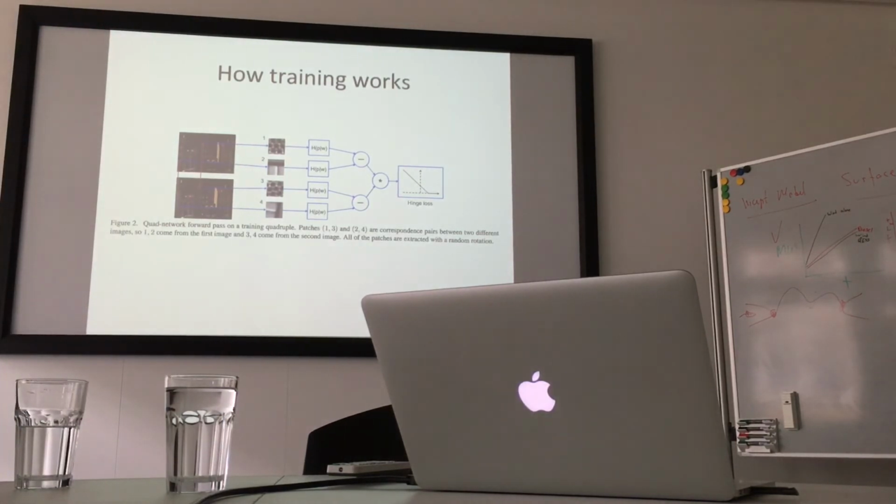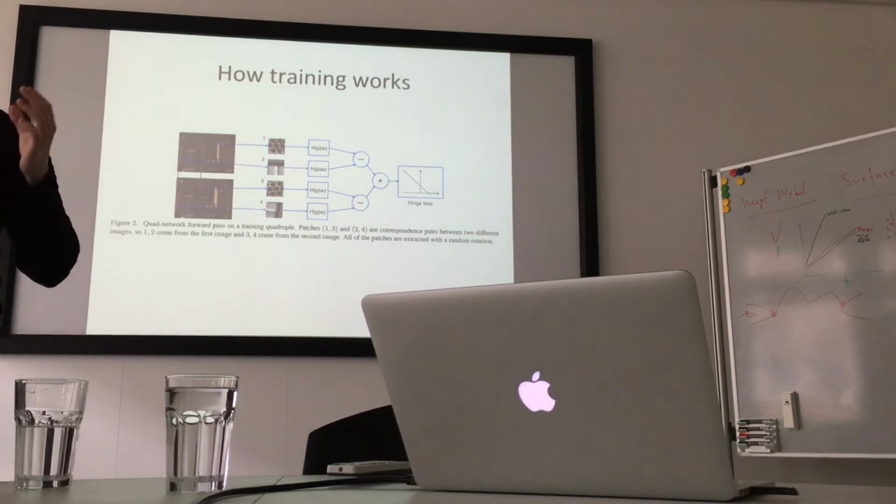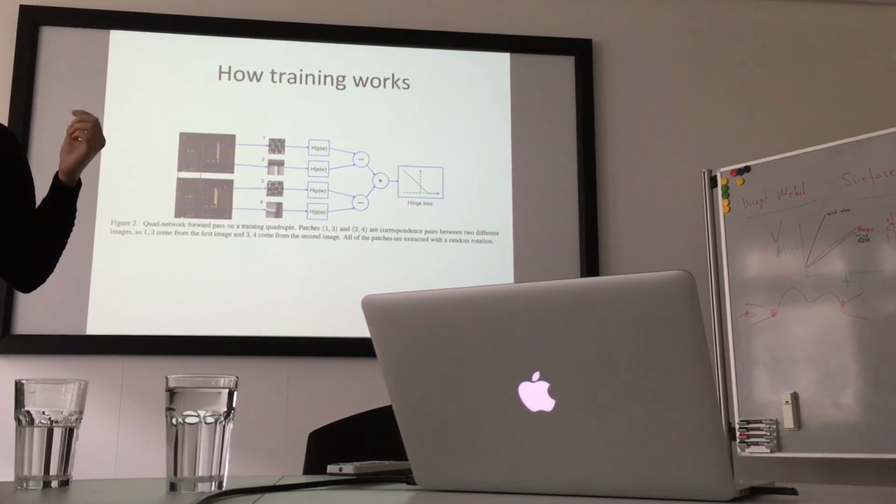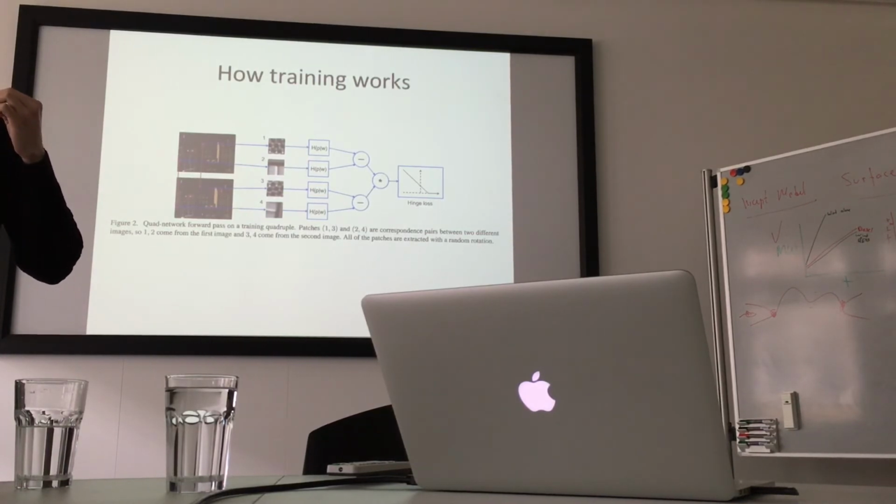There are some methods which work on triplets of patches, which try to do some embedding. For example, they want to embed a picture of a human face into some manifold. Then they say that the face of the same man taken at a different angle should be closer on the manifold than the face of a different man.